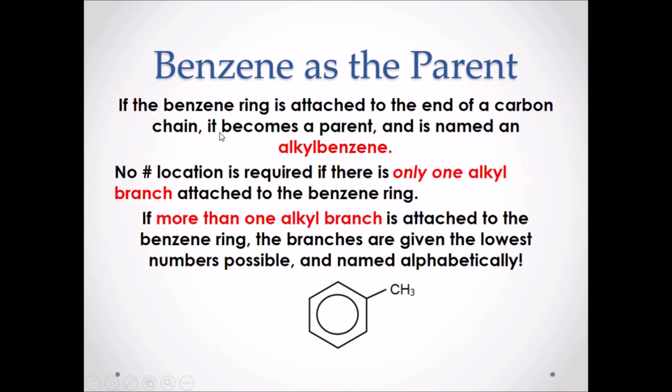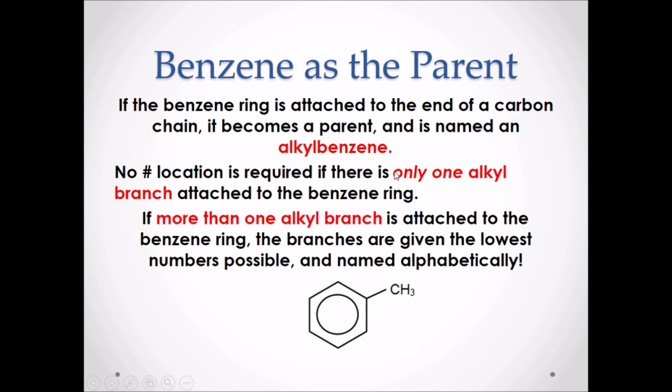Benzene as the parent. If the benzene ring is attached to the end of a carbon chain, it becomes a parent and is named as an alkyl benzene. No number location is required if there is only one alkyl branch attached to the benzene ring. That is because that branch will always come off the first carbon in the ring.